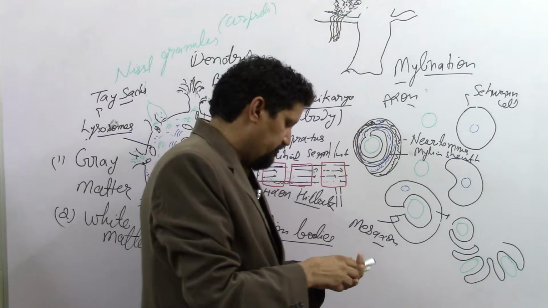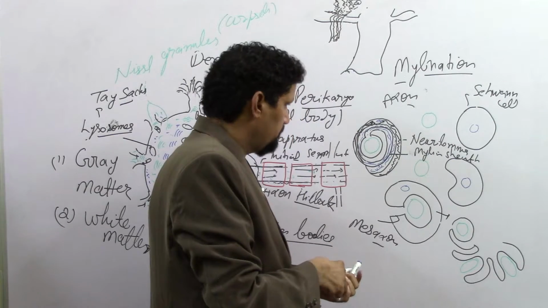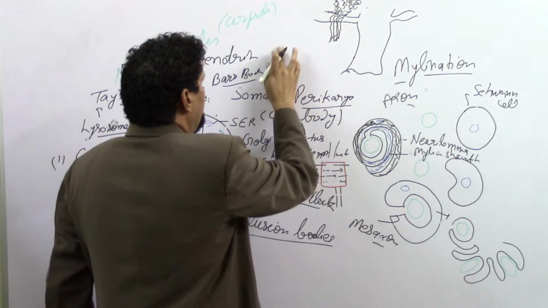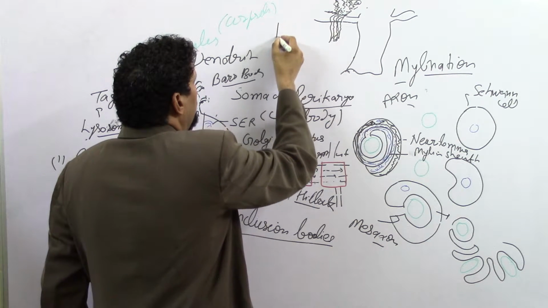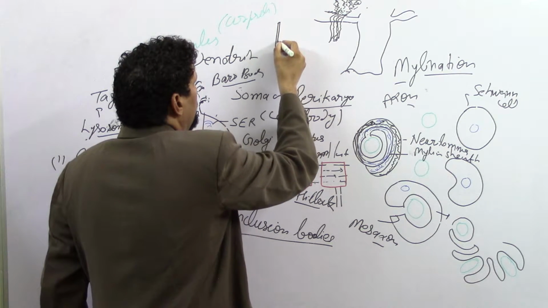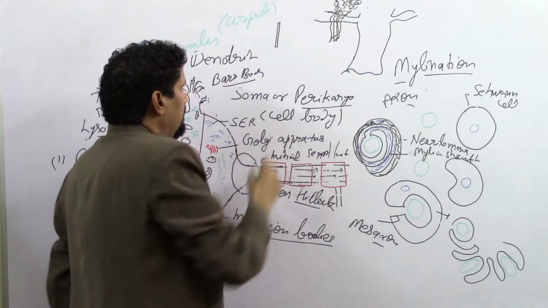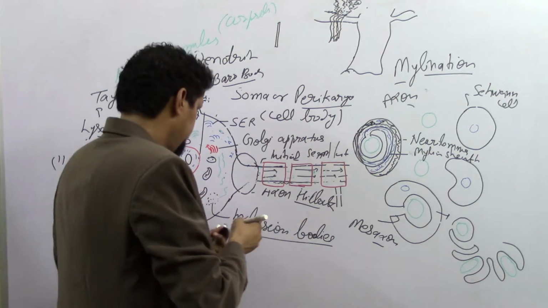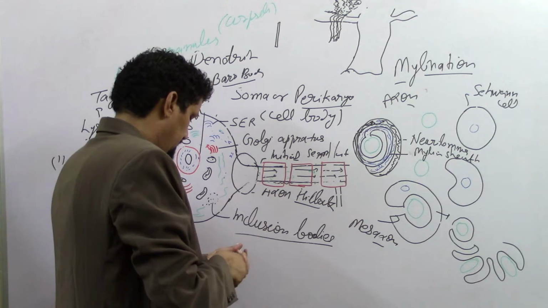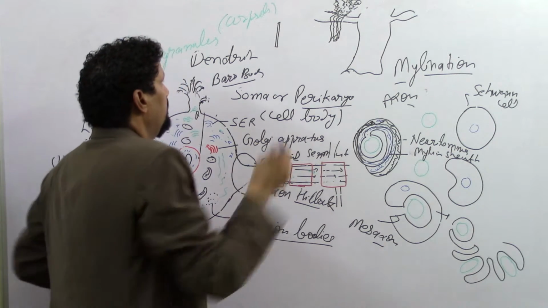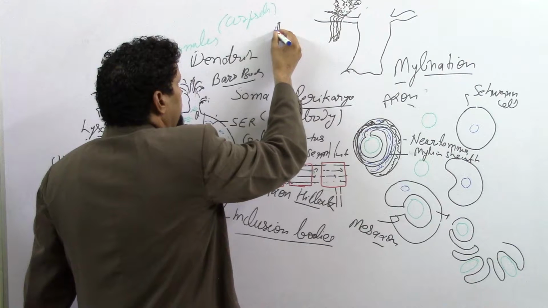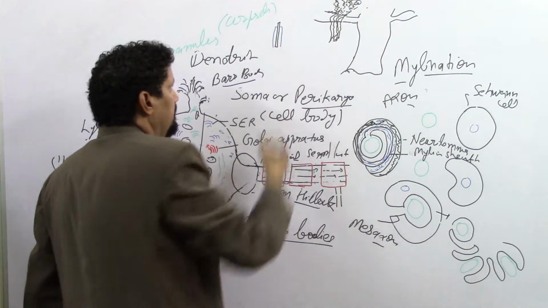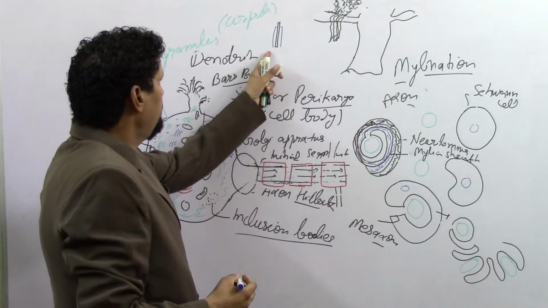Here I will explain one more thing. This single axon is covered by axolemma, myelin sheath, and then it is covered by neurolemma. So a single axon is covered by axolemma, myelin sheath and neurolemma.